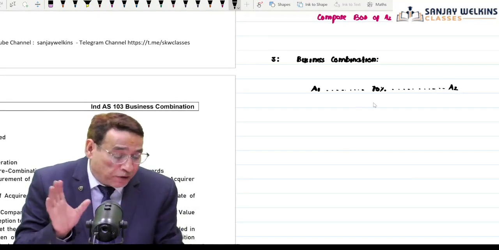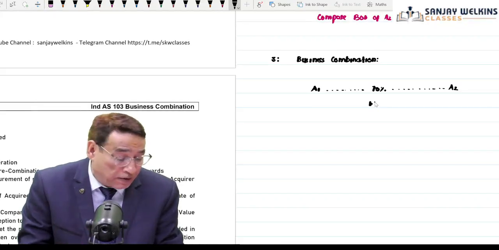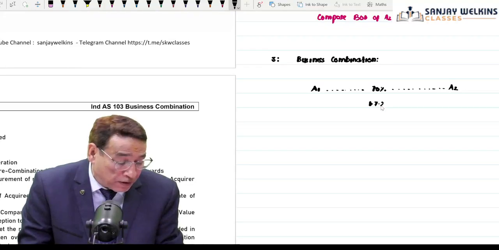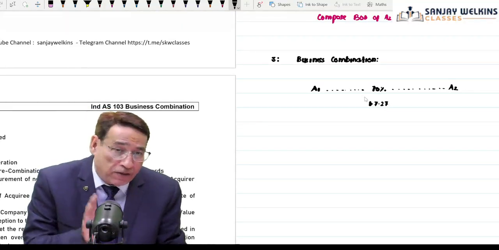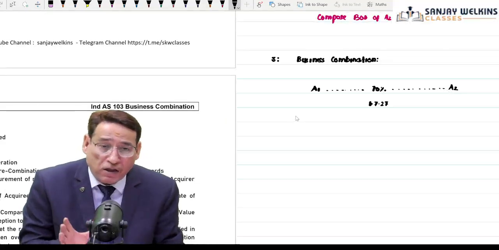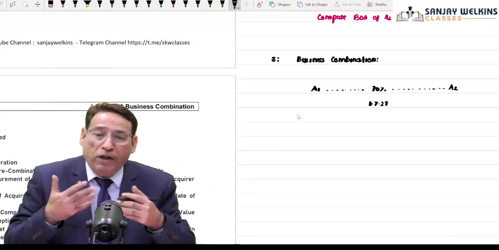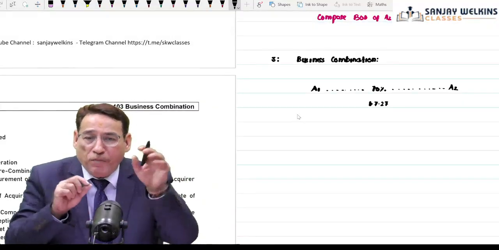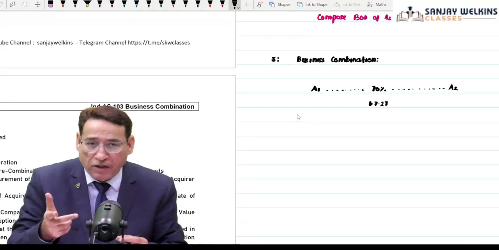We further presume that we acquired 70% stakes on 1/7/2027. Obviously, whenever I make some investment in the other entity, I will have to churn out some money, correct?